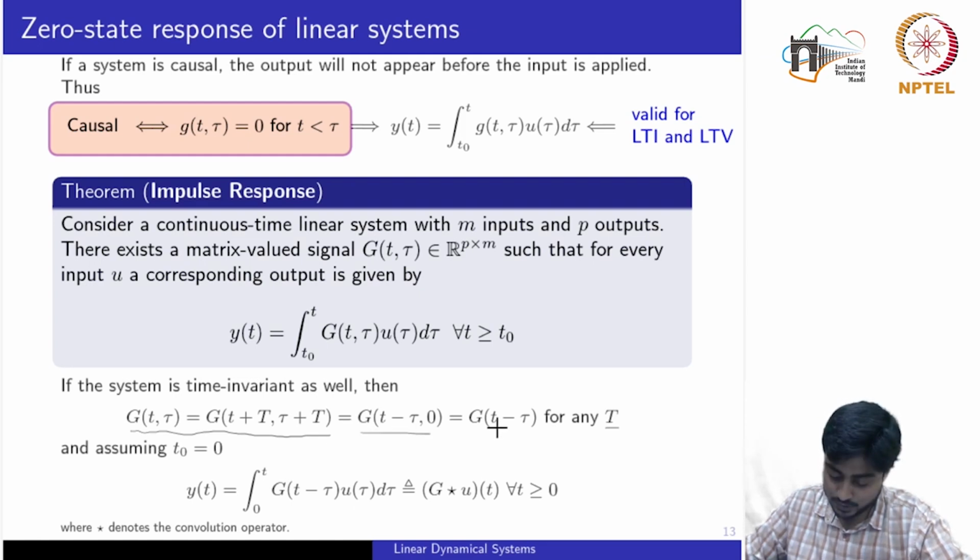With a slight abuse of notation, we have used the same notation capital G by removing the second argument, because the second argument is basically 0.